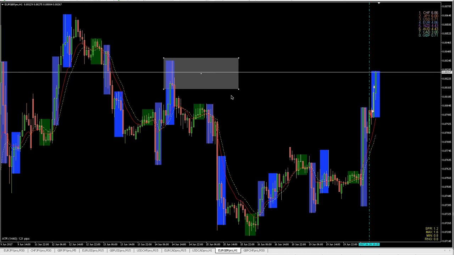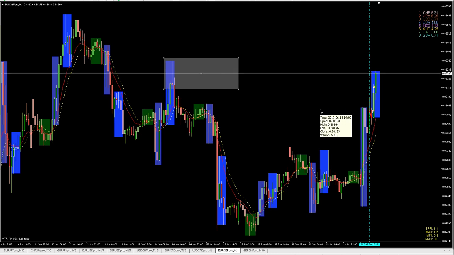And by that time, I had moved my stop to break even plus half a pip or something like that. And that's how this one worked out.